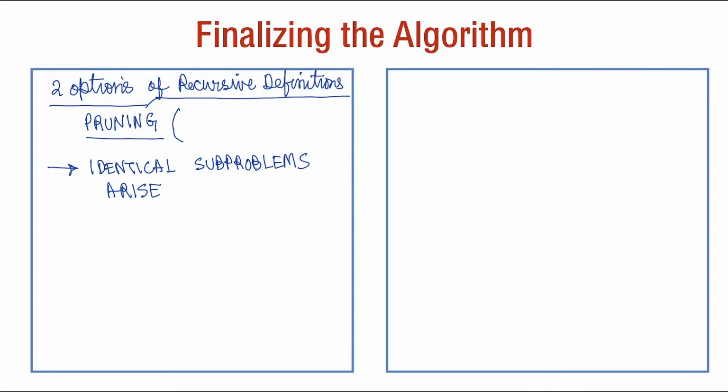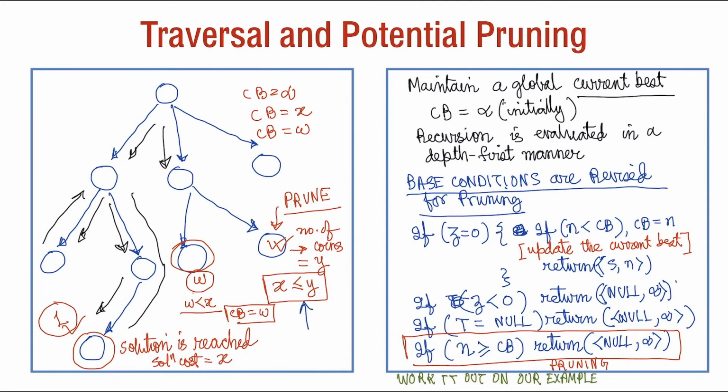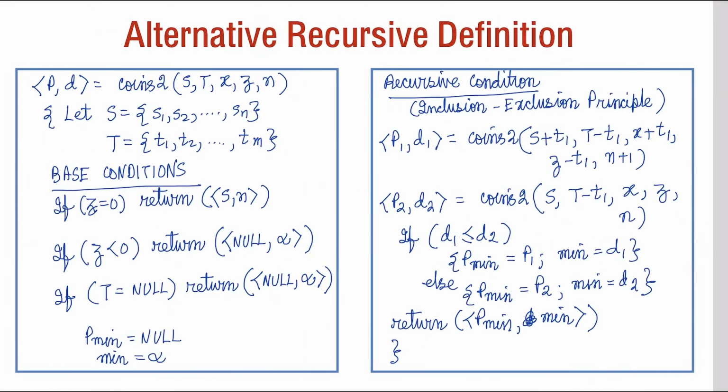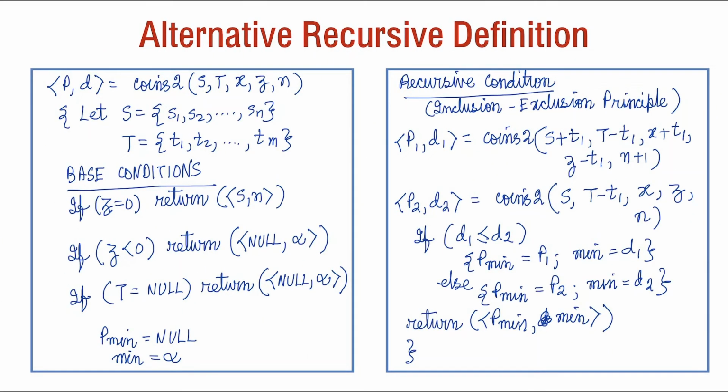And based on this, suppose we choose the second option, then we would introduce this pruning condition in this algorithm, and I leave it to you for an exercise to include this, try and develop a code and execute the code.